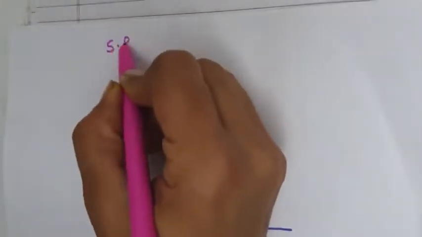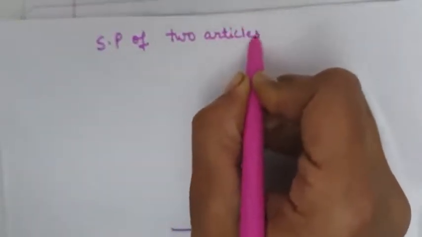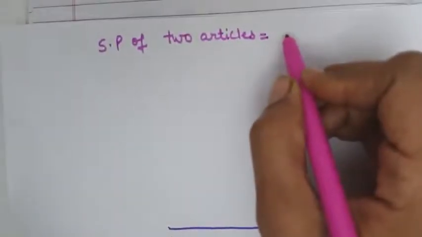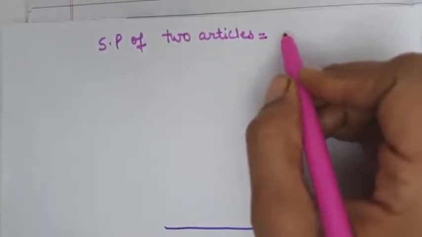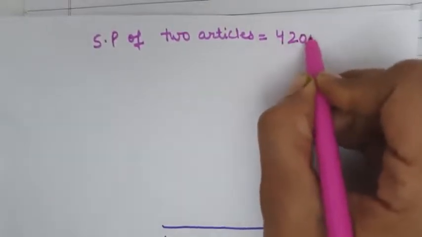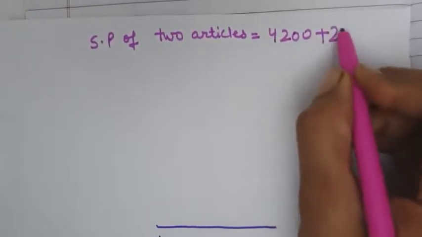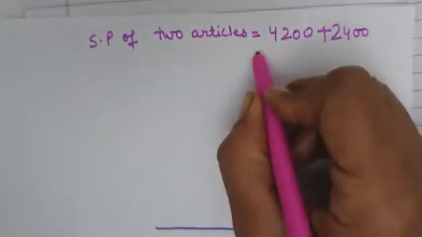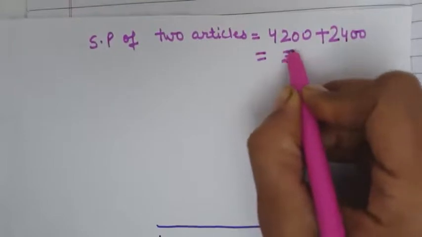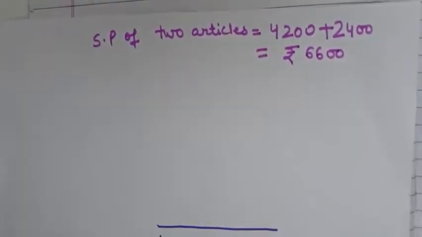Now the selling price of two articles, that is the first article and the second article. The selling price of the first article was 4200 and of the second article was 2400. So what we get? Total selling price, that is 6600.